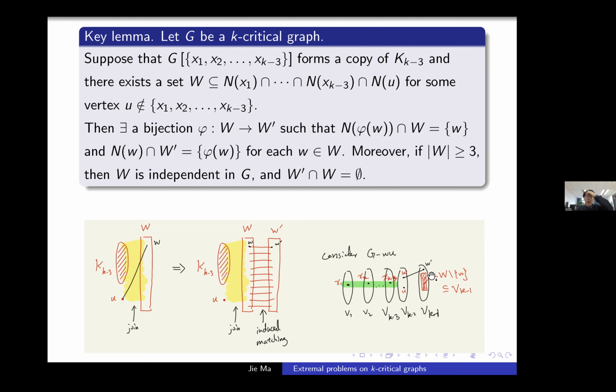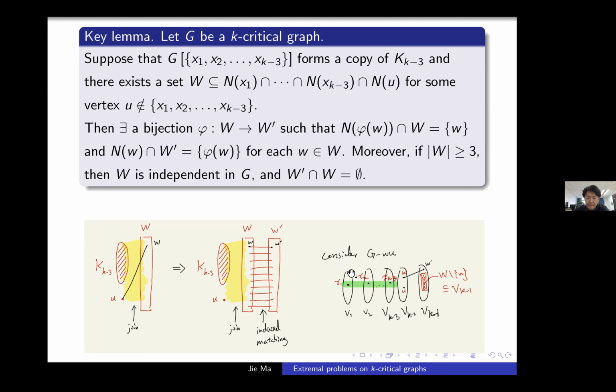Now this W prime is basically giving us the edge in the matching. W prime is distinct from the set W, and this argument works for all vertices W, right? So for all of those vertices, we can find a neighbor, and we get the matching.